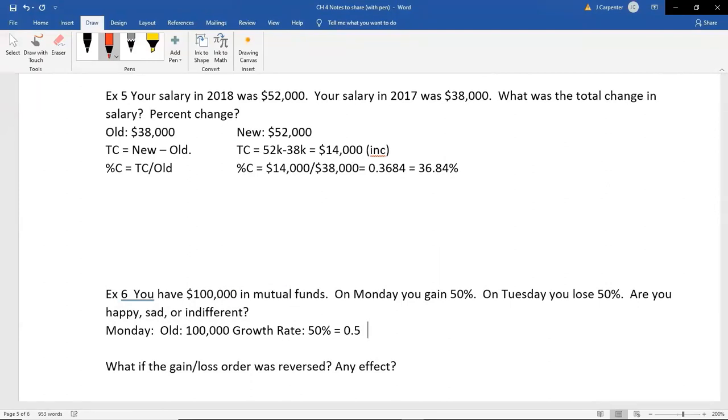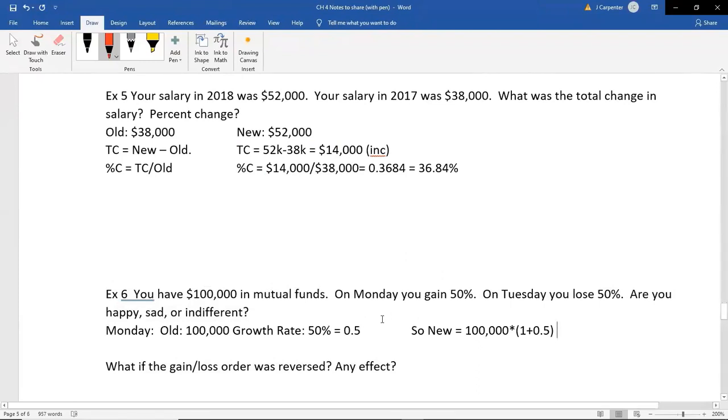Therefore, new would be equal to the old of $100,000 times the growth factor. And instead of writing growth factor, I'm going to do it with the parentheses, 1 plus 0.5. If you need to go to the side and write that the growth factor is the 1 plus 0.5, be my guest.